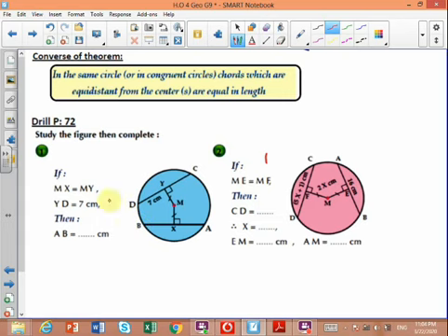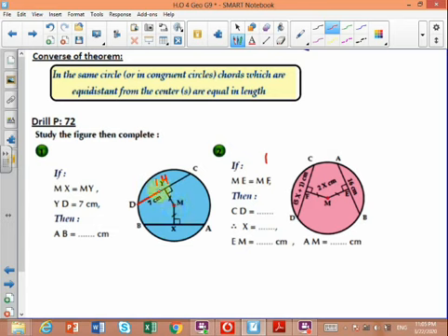So here, if MX equals MY, and YD equals 7, then AB will be what? Of course, MY is perpendicular, so CD will be 14 centimeters, right? Because Y is the midpoint of CD.